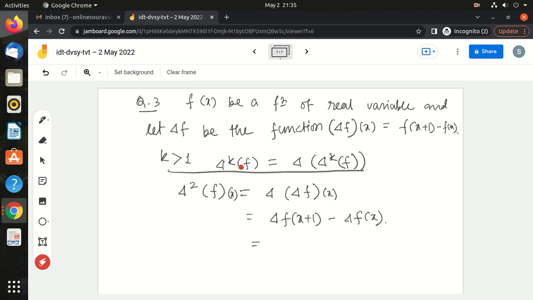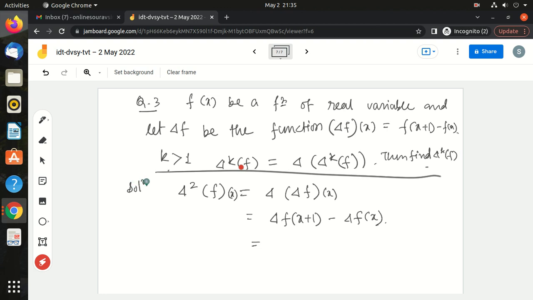The question says something more: then find delta k f, and there are some formulas for it.